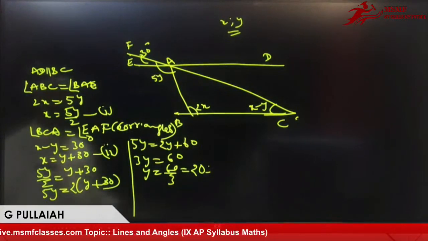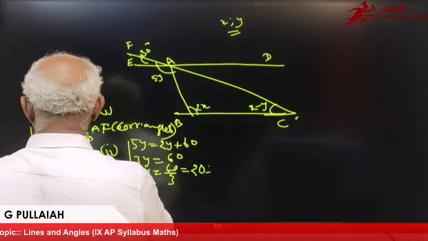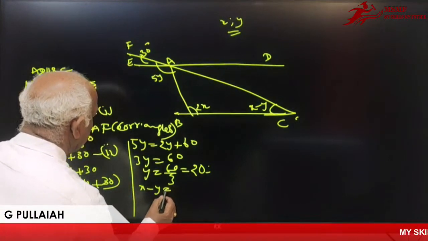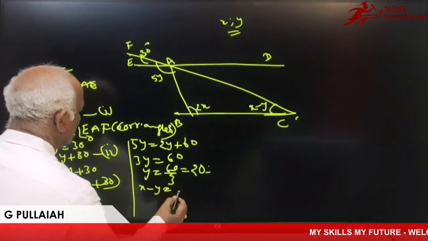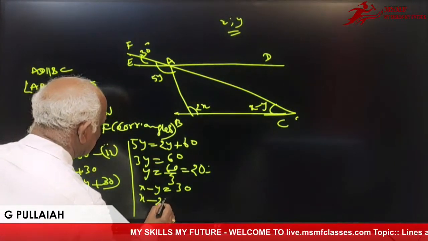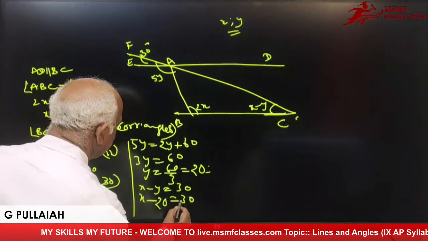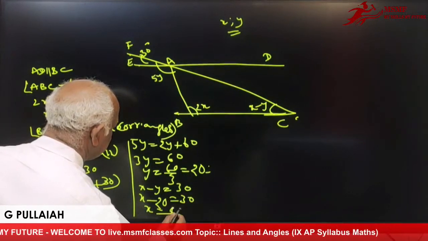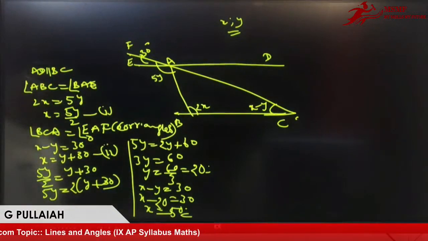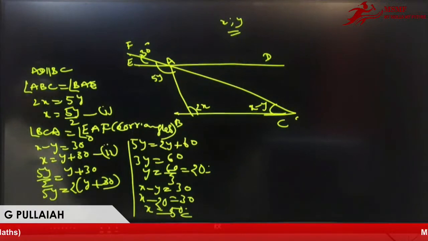Thereby x is equal to, here by substituting in the second one, x minus y is equal to 30, so x minus 20. I hope that you followed. So think it very carefully here.